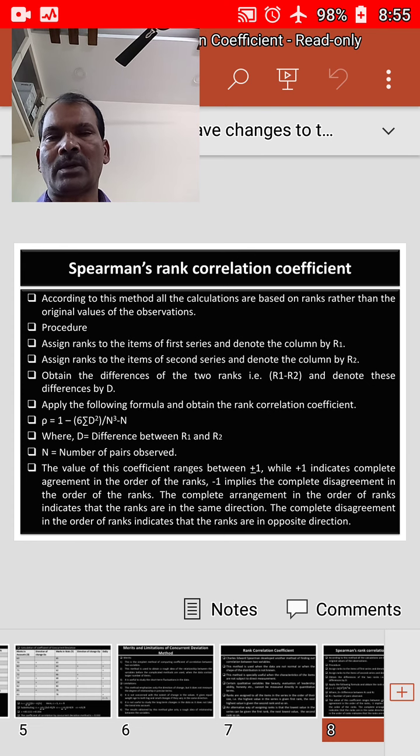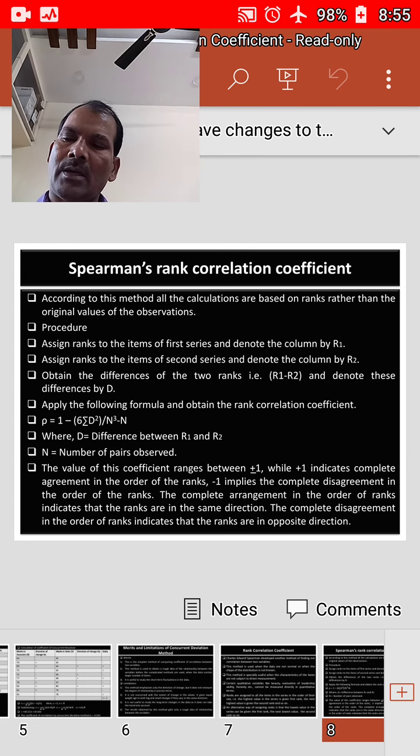Apply the formula that is given in the PPT. Rho is equal to 1 minus 6 sigma d square by n cube minus n, where d is the difference between R1 and R2, and n is the number of pairs of observations.